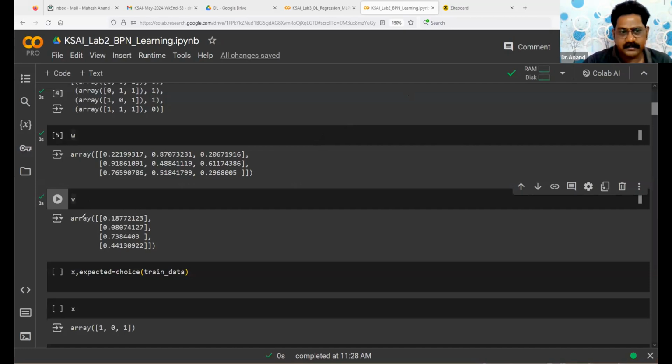Who is this output side weight matrix? As per this definition, this V matrix. Using delta O, I'm going to update this, and using delta hidden, we are going to update this. That is our agenda.